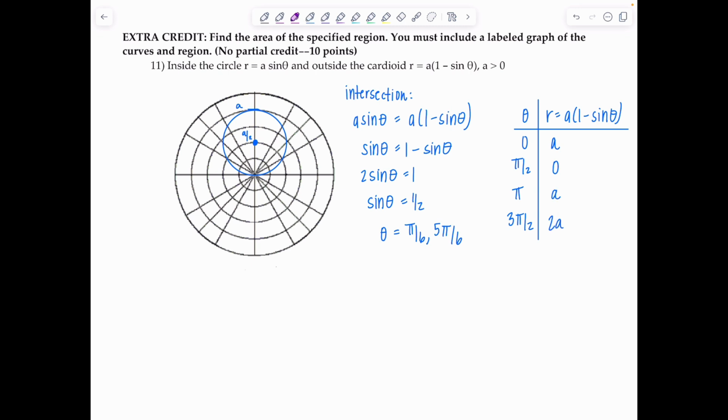So let me plot the cardioid. So 0, a, 1, 2, 3. I determined this was a, so that's a. And then pi over 2, 0, pi, a, and then here's the problem. 3 pi over 2, 2a. So I just got to go 1, 2, 3, 4, 5, 6, a little bit more down there. And they intersect at pi over 6 and 5 pi over 6 here.